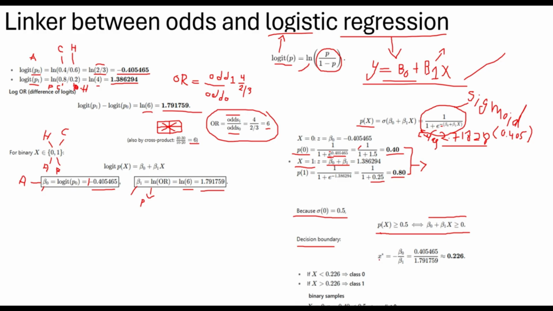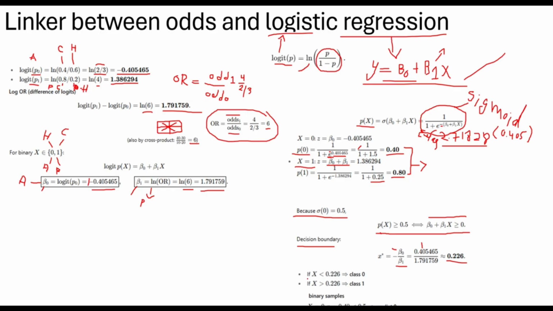For example, we determine the decision boundary by dividing beta 0 by beta 1. Since we had beta 0 from here as 0.405, and beta 1 with a value of 1.79, we can divide and simplify, and we get 0.226. So this will be our decision boundary.